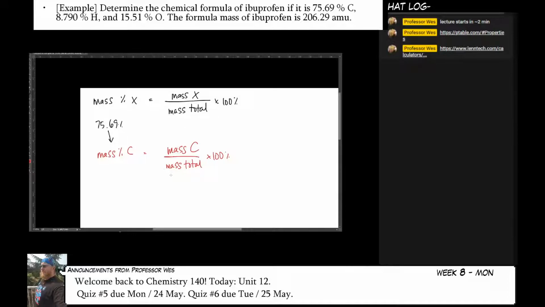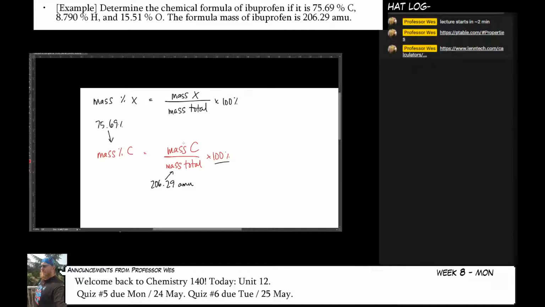Now, what's the total mass? Well, I know that too. A 100% is just a number.